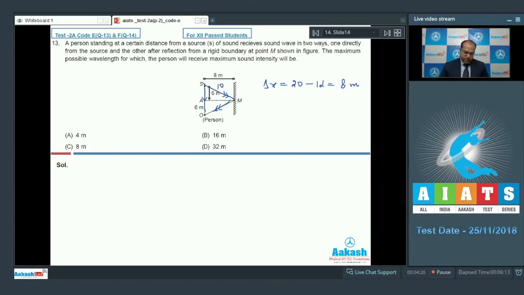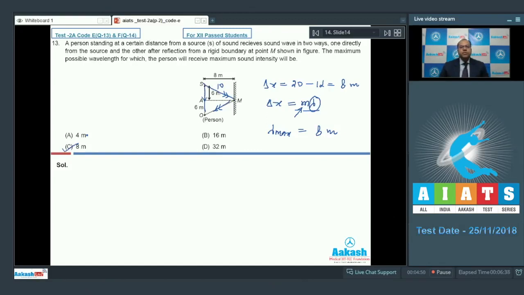Now this path difference must be equal to m lambda for constructive interference, and it is given that we have to calculate the maximum possible wavelength. So in order to get the maximum possible wavelength, the value of m should be equal to 1. So lambda max comes out to be 8 meter. So option C is the correct answer.